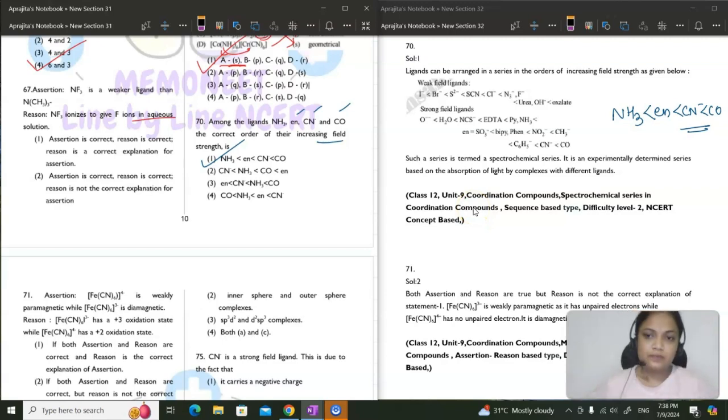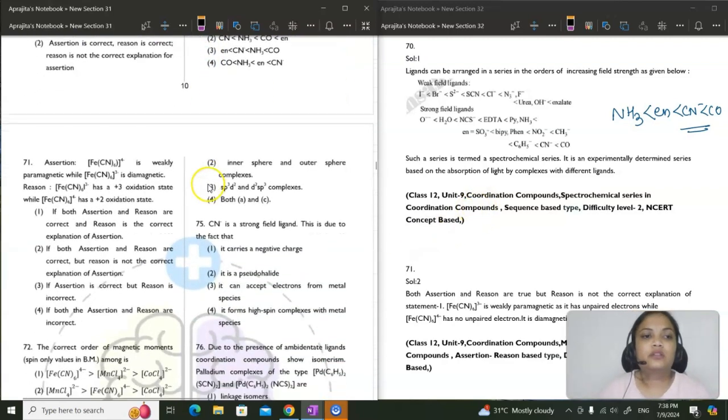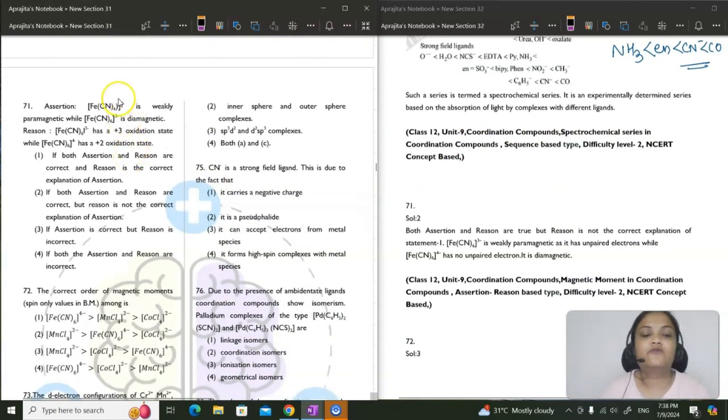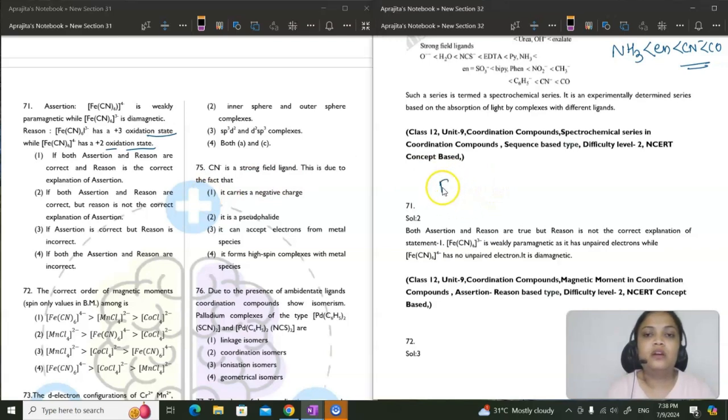All right students, next assertion: Fe(CN)6 4- is weakly paramagnetic while Fe(CN)6 3- is diamagnetic. Fe(CN)6 3- has +3 oxidation state, and the other one has +2 oxidation state.